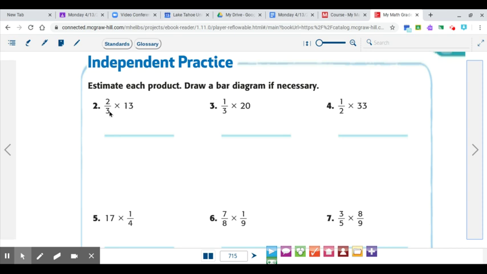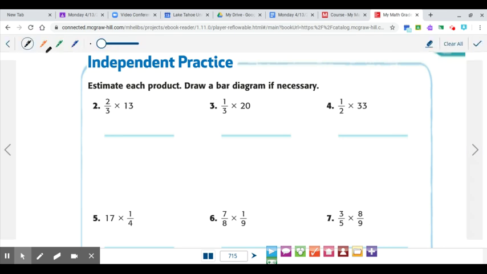That's really close. We don't want to go too high, too low here. So I say, okay, 3 can go into 12, right? So if I make this then a 12, I now have 2 times 12 is 24.